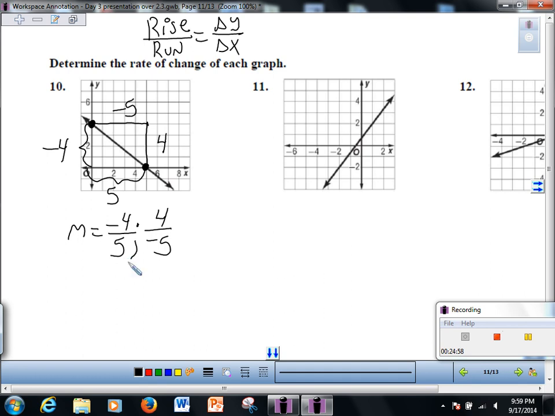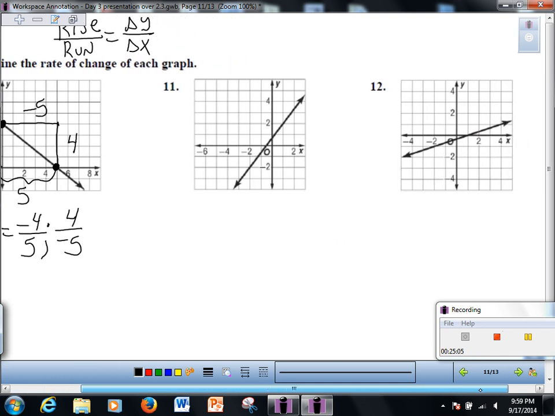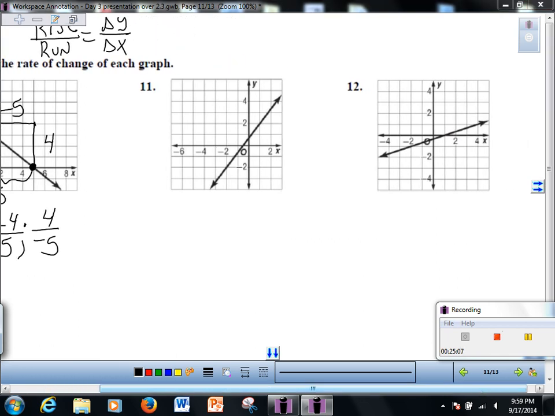If you will, look at your number 11. See if you can find two nice places that it touches. Well, it looks like I find a nice place right here, and another nice place right there.